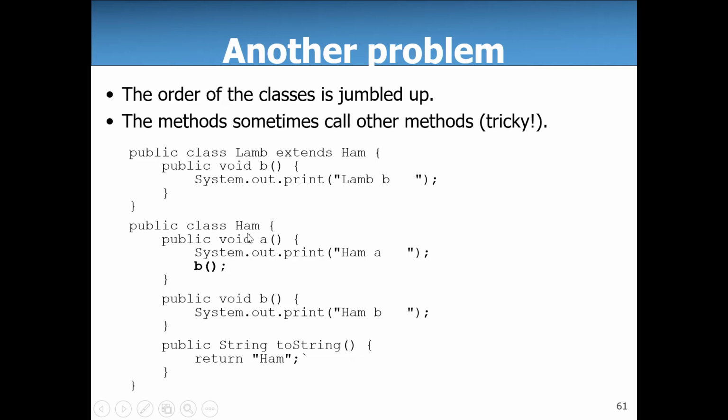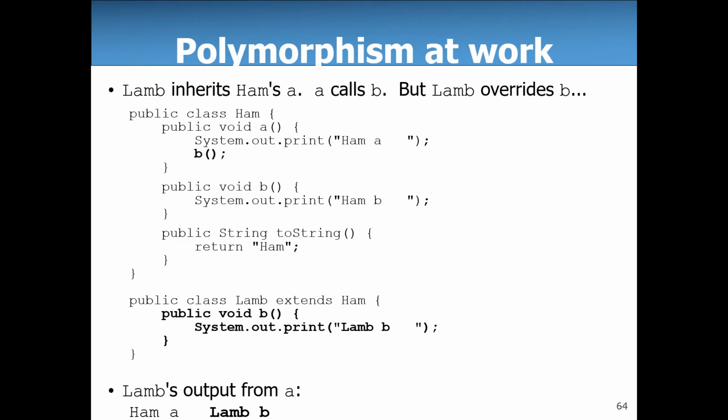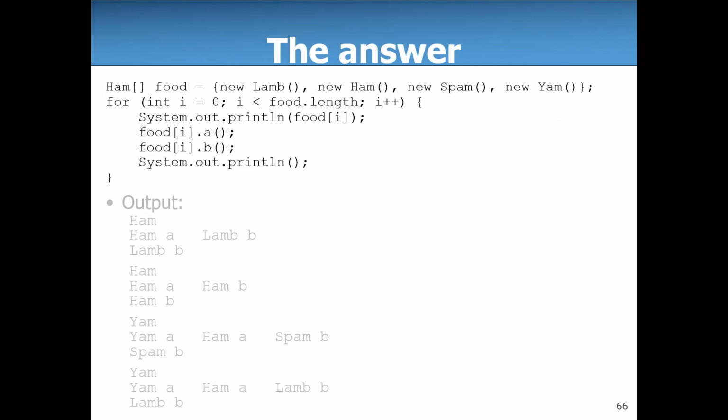So we're going to call lamb B. So you always use the most well-defined, basically the lowermost defined version of the method. And if you need to go back up, you can only use super to do so.